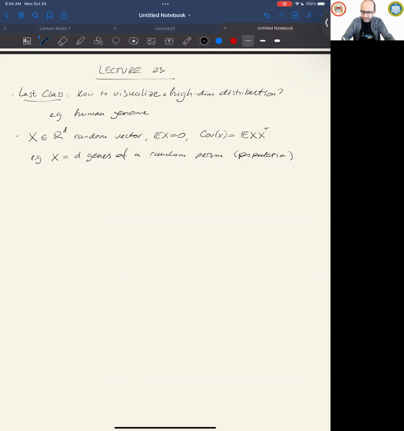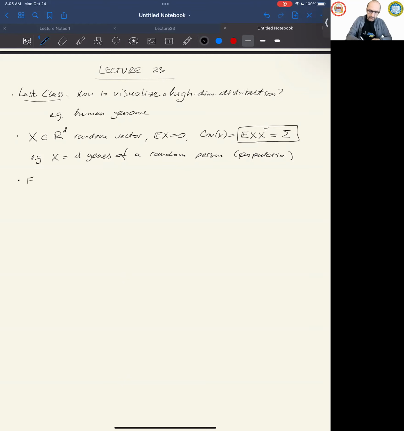So that's the matrix version of the square. And that's what we call sigma. It's a d by d symmetric matrix. And we use that matrix to visualize the genome, to visualize the high dimensional distribution.